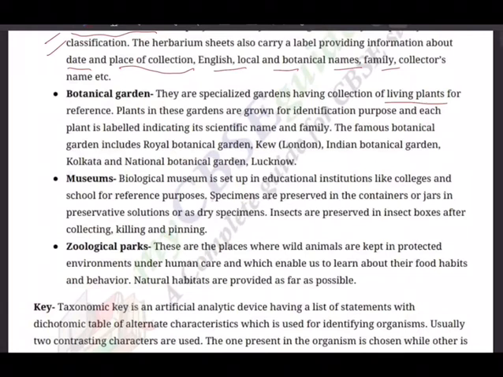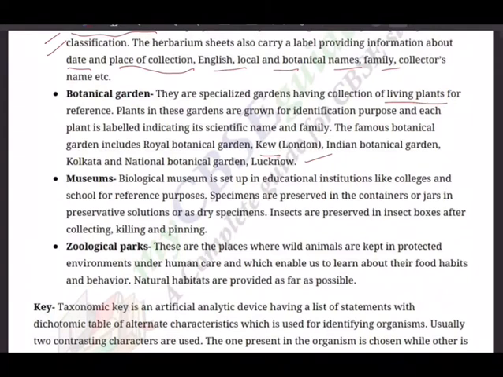Plants in these gardens are grown for identification purposes, and each plant is labeled indicating its scientific name and family. The famous botanical gardens include Royal Botanical Garden, Kew, London, Indian Botanical Garden, Calcutta, National Botanical Garden, Lucknow. These are some of the ones you need to remember, because sometimes in UPSC and similar exams these questions will be asked.